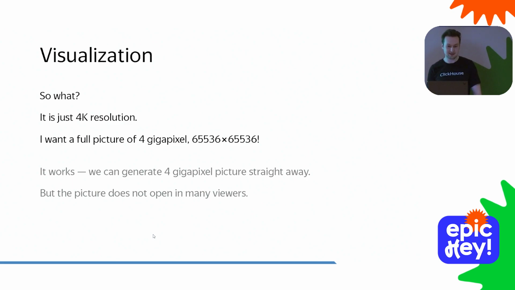I did it. It works. But when I open it in Firefox, it crashes. When I open it in Chrome, it crashes. I can only show it with GIMP, but it is not convenient.